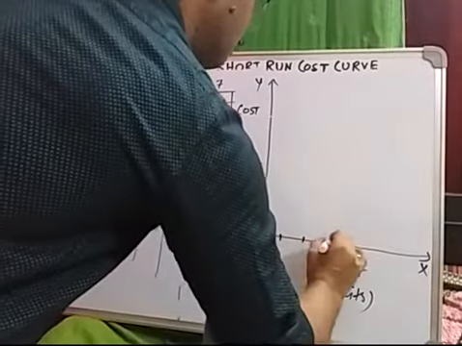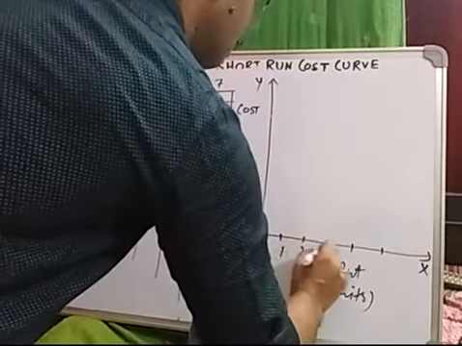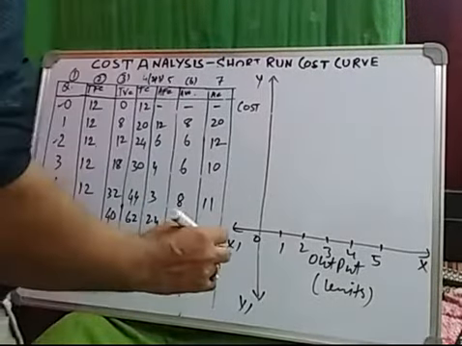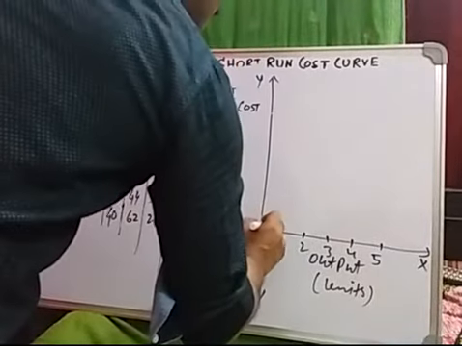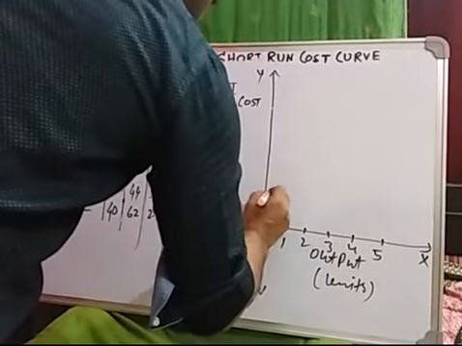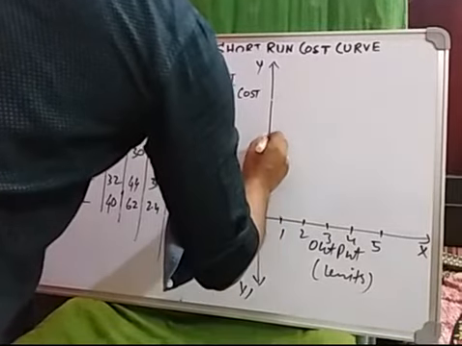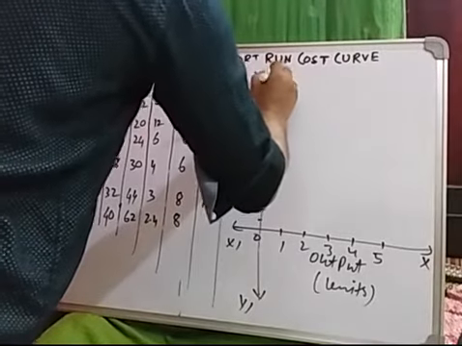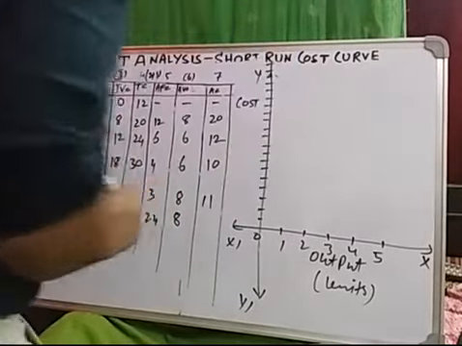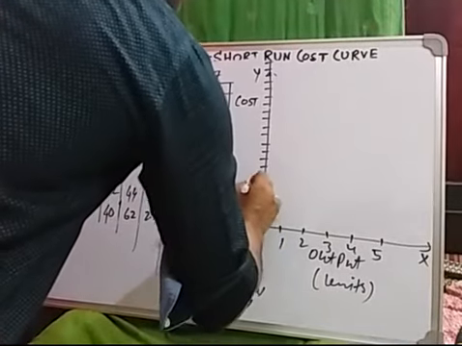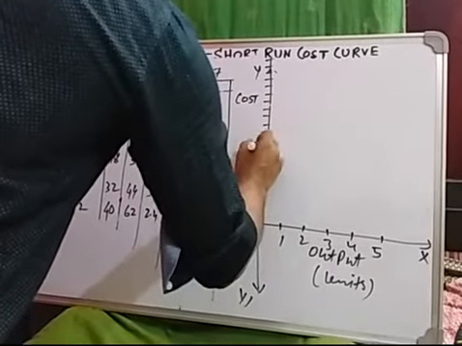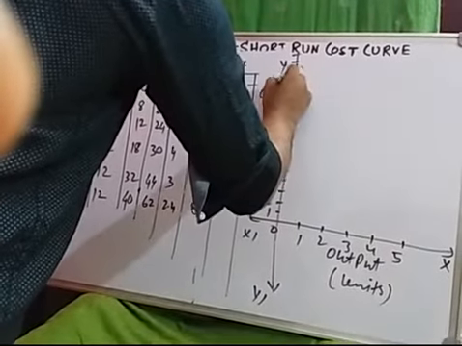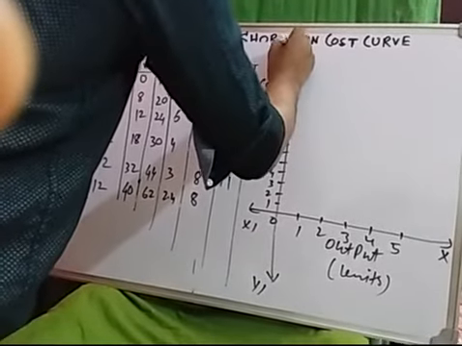So 1 2 3 4 5, and the cost is maximum 20.